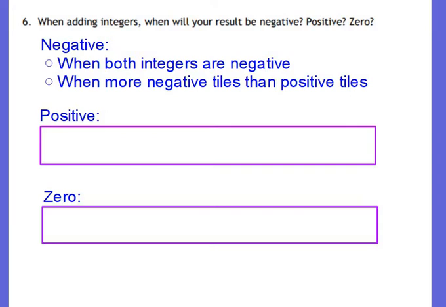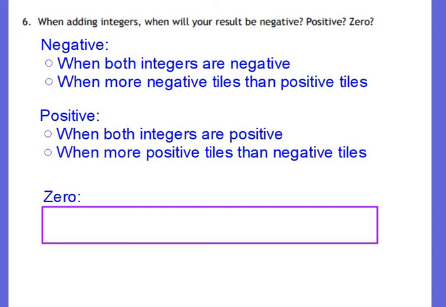Would it be the exact opposite? Yeah, so give me an answer. When both integers are positive, or when there's more positive tiles than negative tiles. Those are the 2 ways I can get a positive answer.